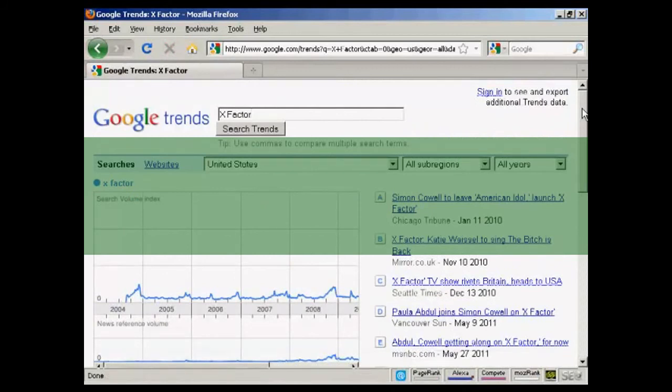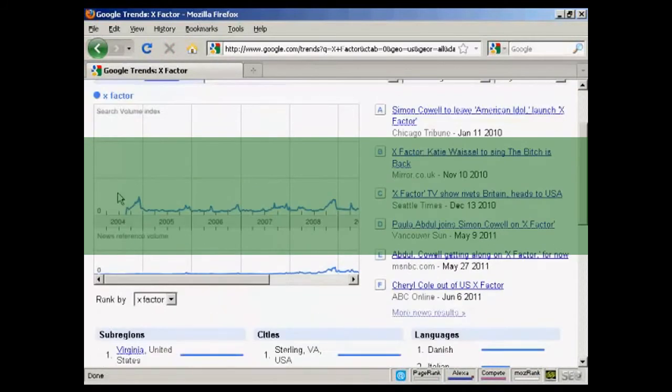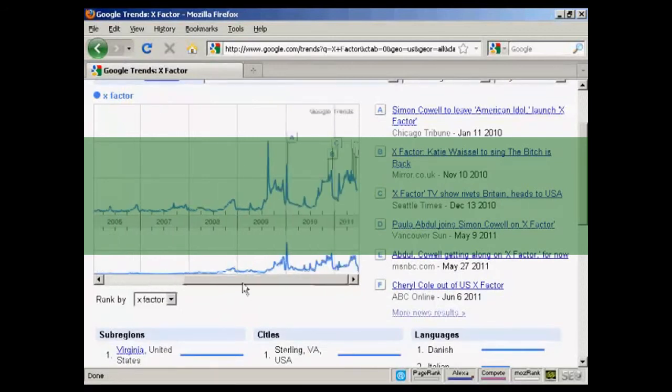you can see that the search volume and the news reference is pretty flat up until around 2009, when Simon Cowell announced that he was going to be leaving American Idol to concentrate on bringing the X Factor to the US. And then you've got other peaks when further announcements were made.